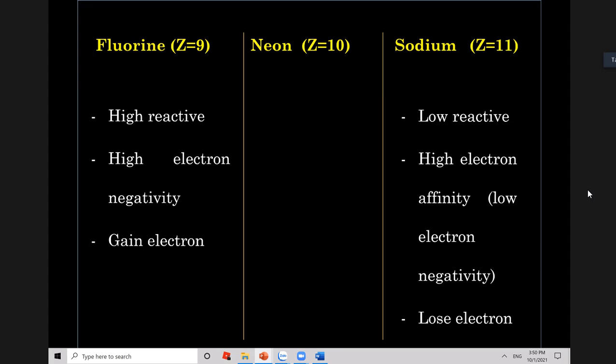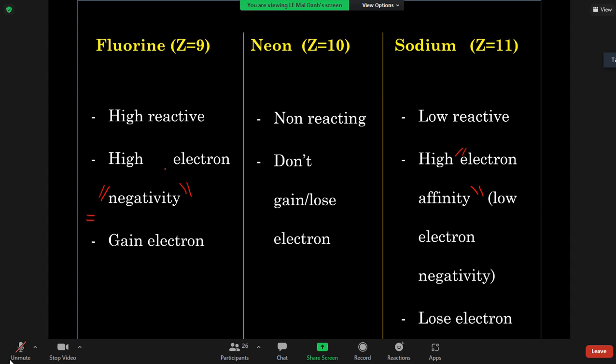Yes, this is the difference between two elements. You need to have some more concepts: electronegativity and electron affinity. Who knows what electronegativity means in Vietnamese? Yes, độ âm điện.